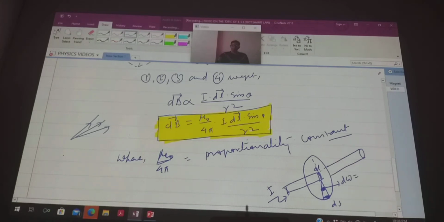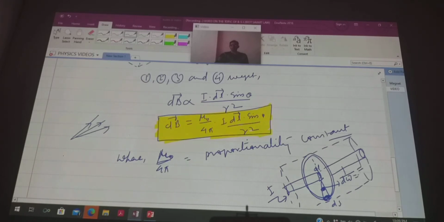So we write here, this is the elementary part, but here it is a cylindrical shape. This is the unit area, all the unit area. In that unit area, that solid angle will be 1 upon d omega.